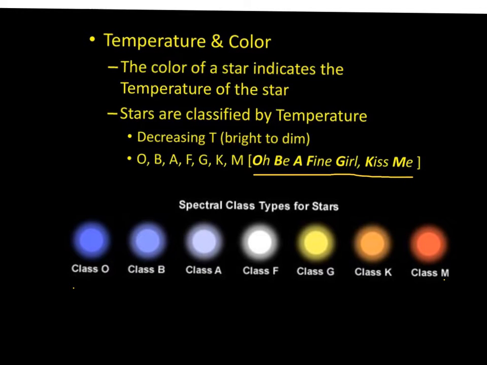"O, be a fine girl, kiss me" is one that maybe is easy to remember. You can come up with whatever you want with those letters. But that's kind of how we classify them, according to their temperature and also according to their color. And they're very large, and then they change color as they get cooler.